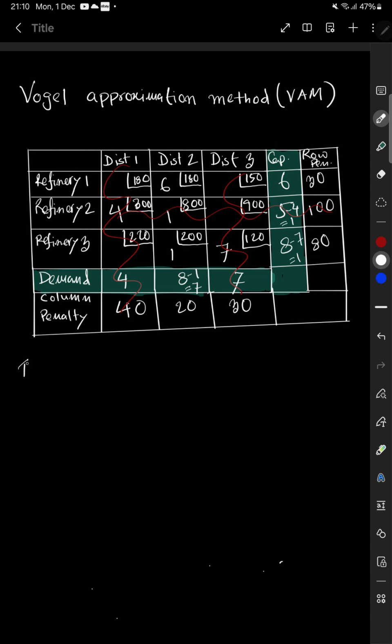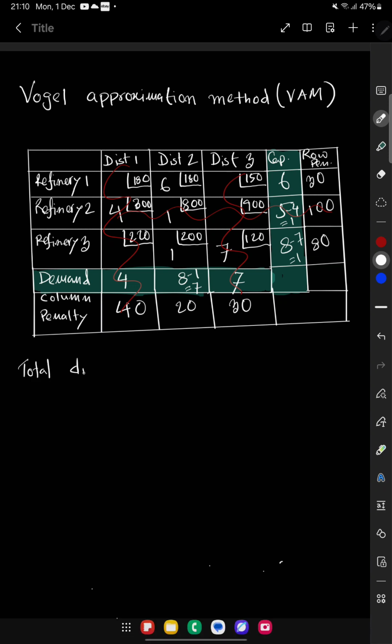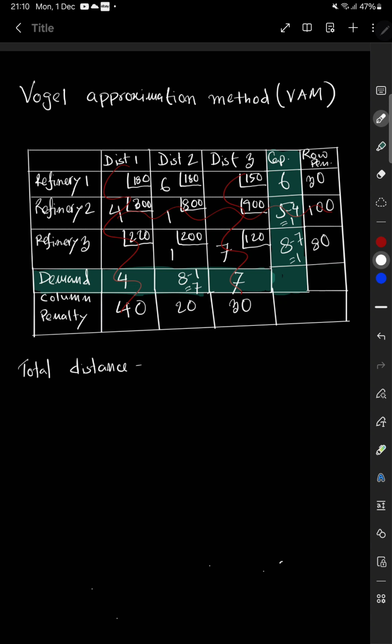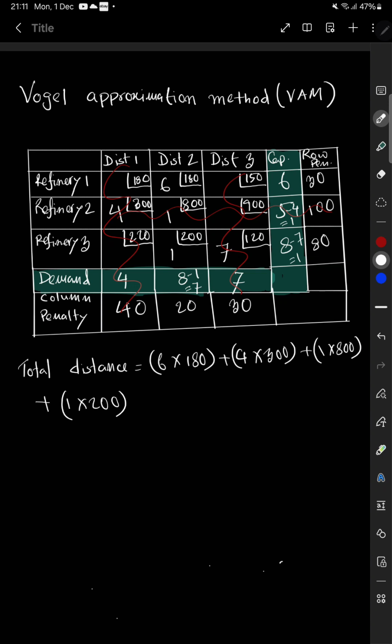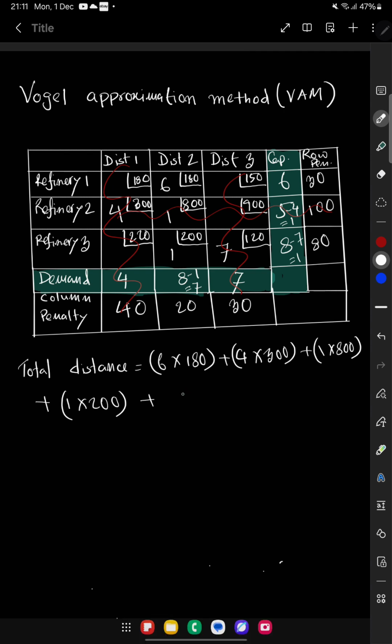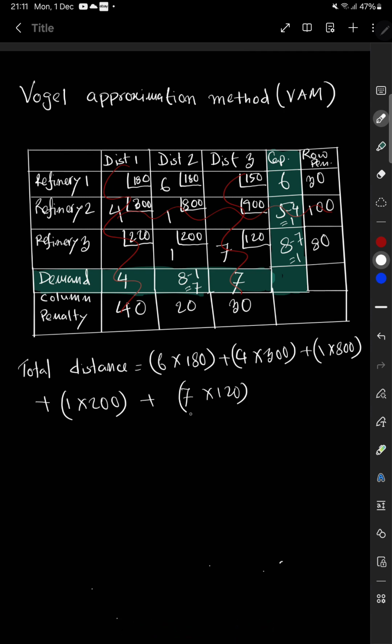Let's do it. Total distance is 6 times 180 plus 4 times 300 plus 1 times 800 plus 1 times 200 plus 7 times 120. Let's see what our total distance is. We have to calculate once again.